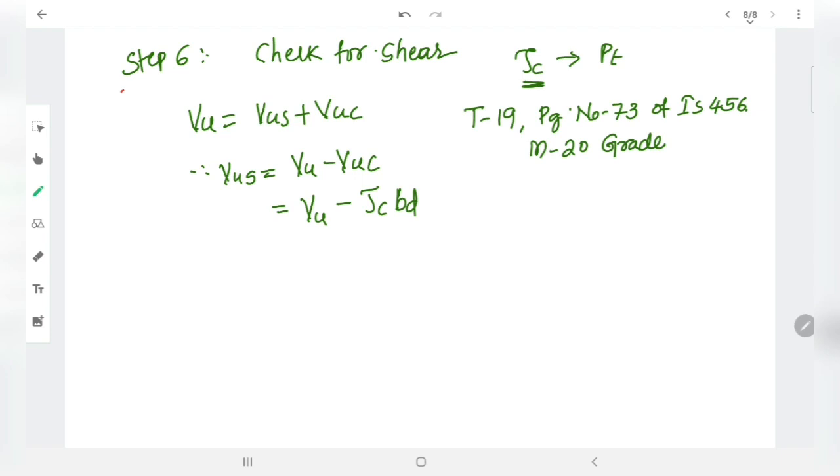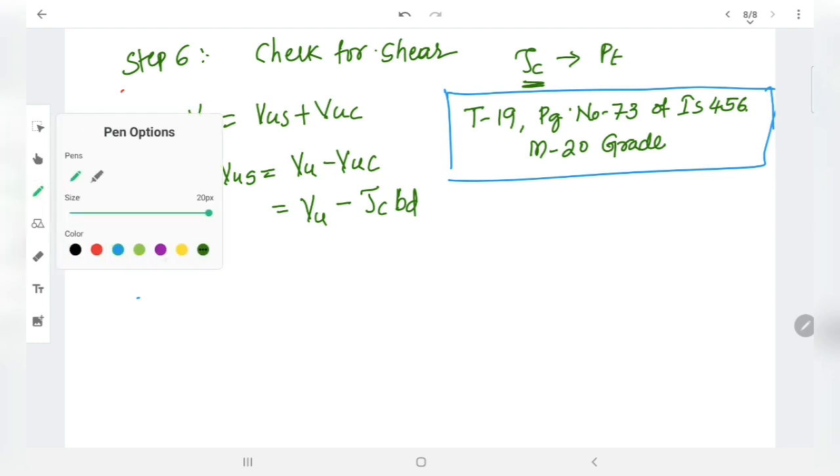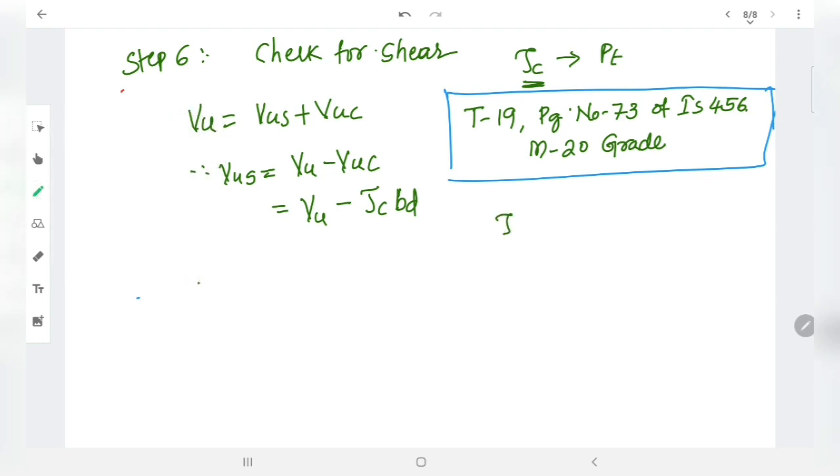Okay, when you calculate tau C using this table, you will be getting the value of tau C is equal to how much? 0.5744 Newton per mm square.